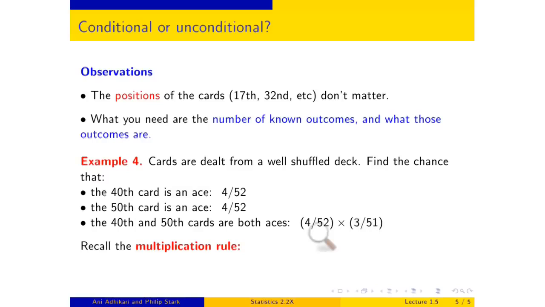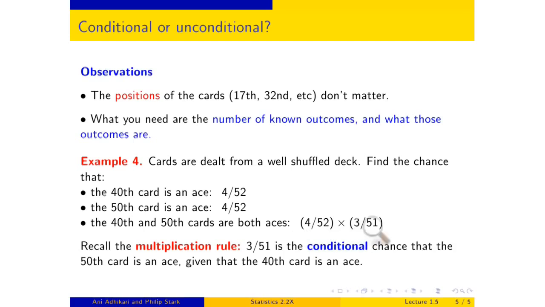Once card number 40 is known to be an ace, you have 51 cards left in your deck, of which 3 are aces, and that 3 in 51 is the conditional chance of ace on place 50 given ace in place 40. The 4 in 52 is the unconditional chance of ace in place 50 given nothing at all.